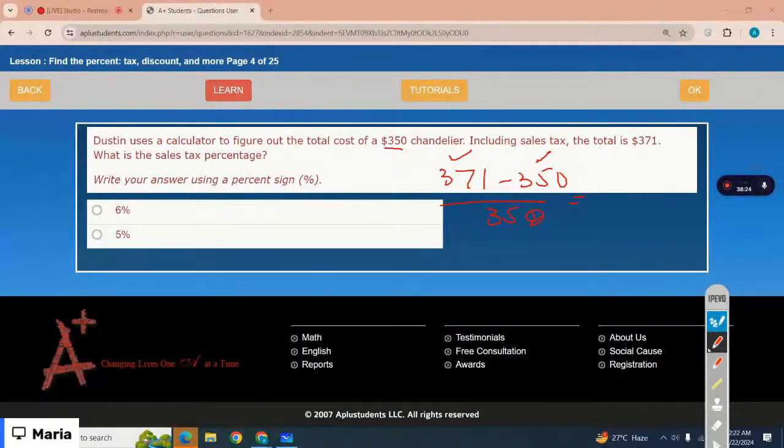So 21 divided by 350 equals 6%. So the correct option is 6%. Option number one is the correct option.